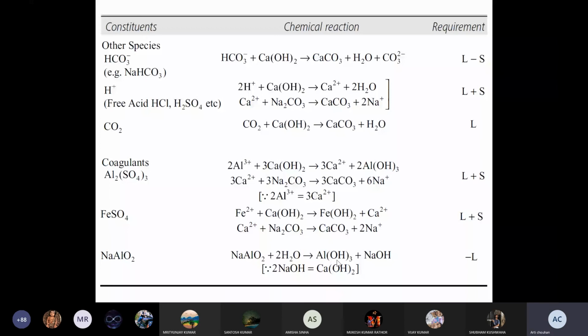So you have to subtract that much lime when you calculate the amount of lime and soda. You have to consider that as that much NaOH is produced during the chemical reaction, so you have to consider the equivalence of NaOH and calcium hydroxide. Here 1L is produced, so you subtract that much out of your total requirement of lime and soda.